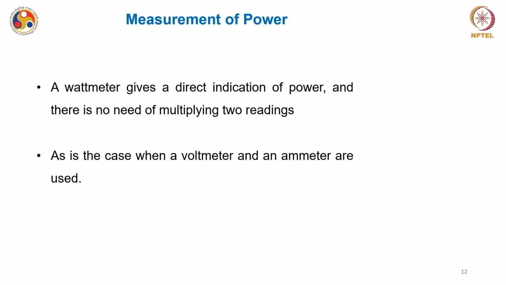So one thing is very clear: a wattmeter can multiply the voltage and current to obtain the power consumed. In the voltmeter-ammeter method, we are doing it separately; a wattmeter can do it inherently.